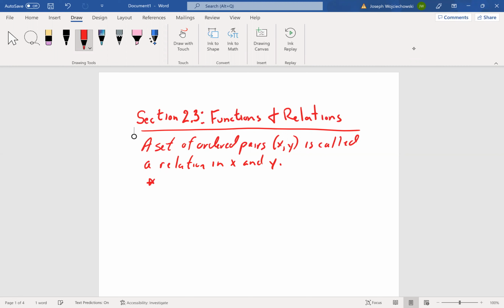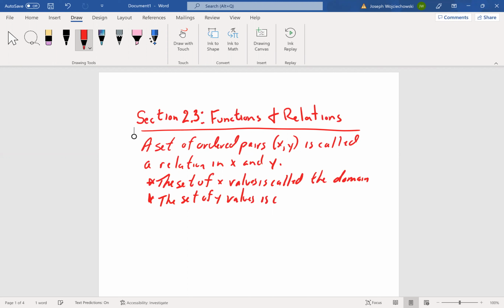So first thing to note, a set of x values is called the domain, and a set of y values is called the range.